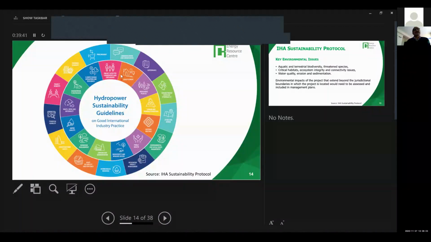For example, resettlement, and indigenous people. Does the project support indigenous people? Are they taken good care of? Similarly, climate change, project affected communities and livelihood. What are the impacts on project affected communities?